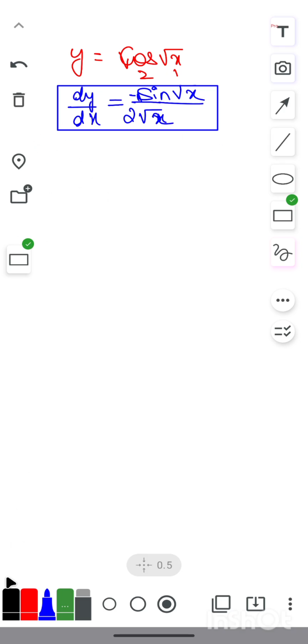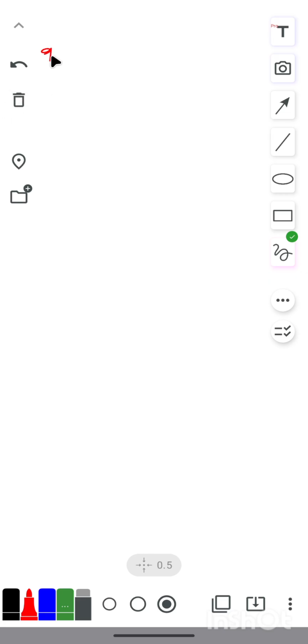Moving to the next question, that is question number 9. What is the 9th question? Let us see. The 9th question is: prove that the function f given by, I will write it in the next slide.